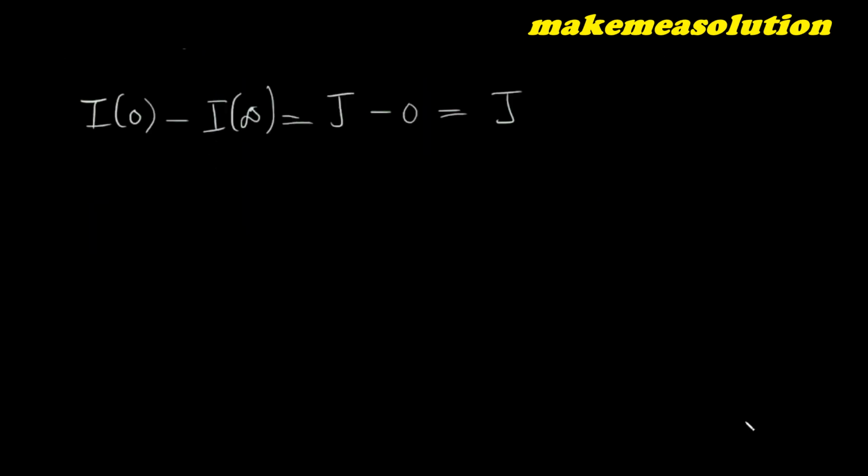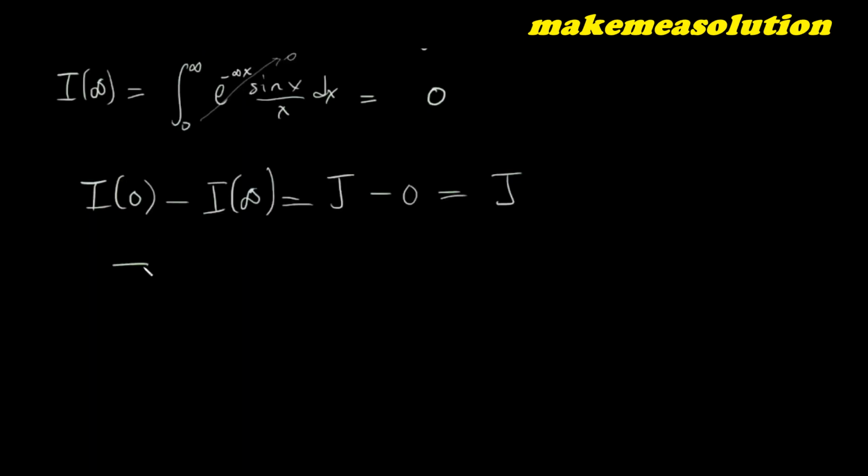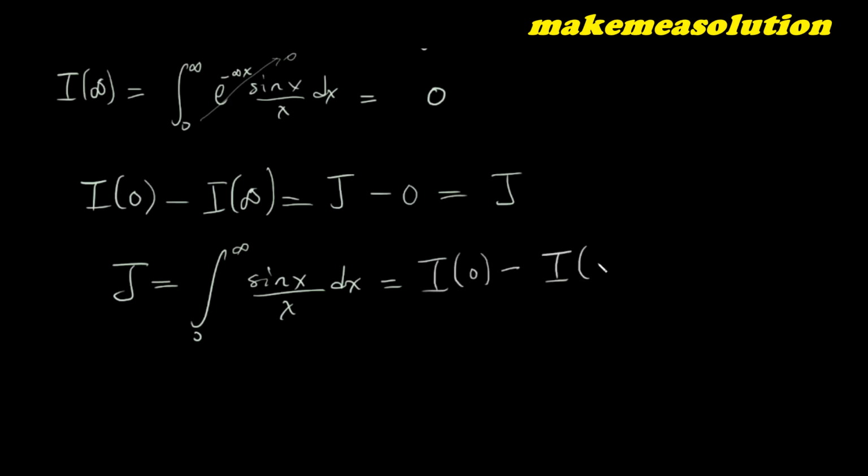Do you guys understand that? In other words, my J, which is my integral from 0 to infinity of sine x by x dx, is still the same thing as solving I of 0 minus I of infinity. Is that okay?